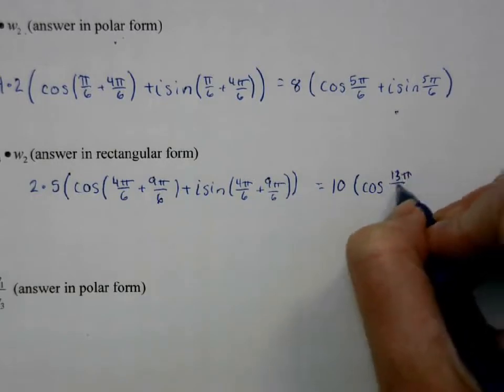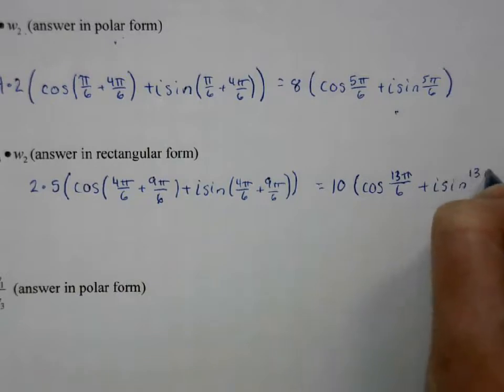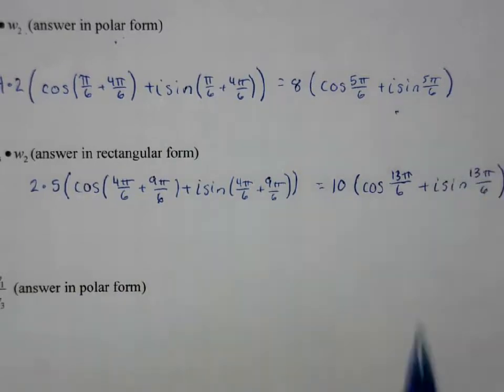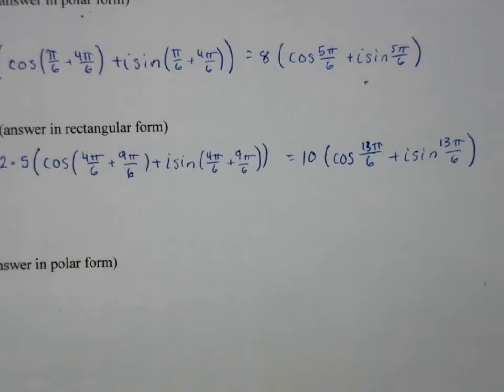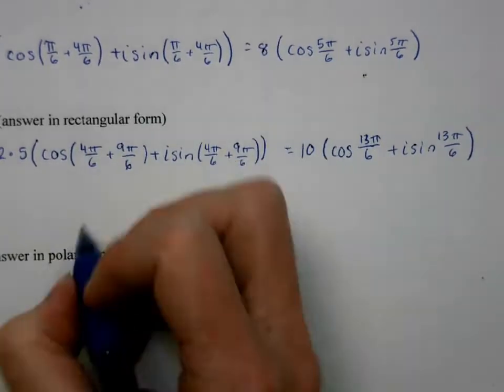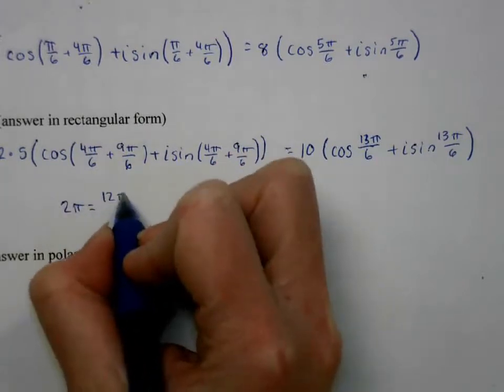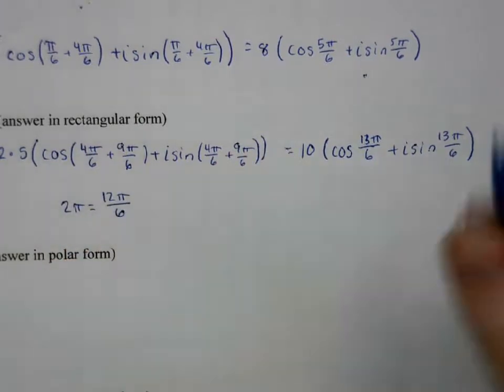Well, 13 pi over 6 is not a unit circle value, but I'm telling you to convert this to rectangular form. Well, if you think about it, 2 pi is equal to 12 pi over 6. So if I go one full rotation by subtracting 2 pi, this is going to be the same as pi over 6.